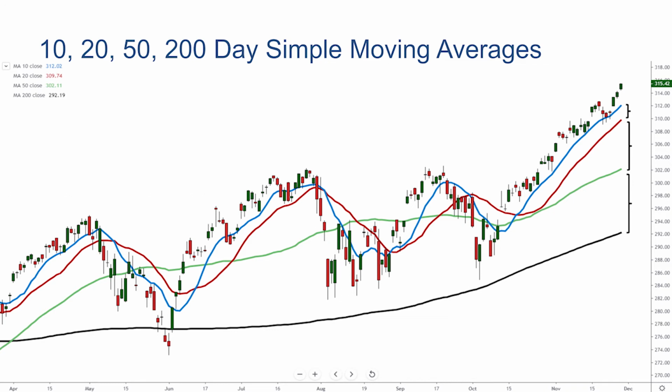Because the 50 and 200-day moving averages are averaging that big sample size, it is usually a very good way of gauging what the primary trend of the underlying is. And so some people will, for instance, use a 200-day moving average as their arbiter of whether we are in a bull market or a bear market.